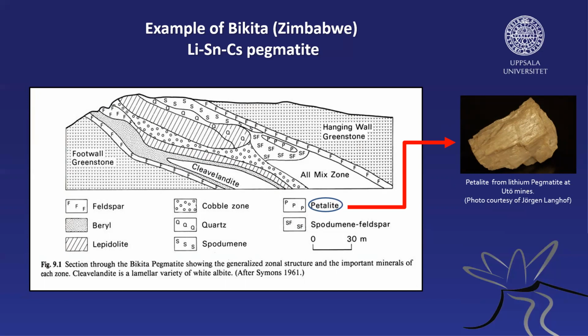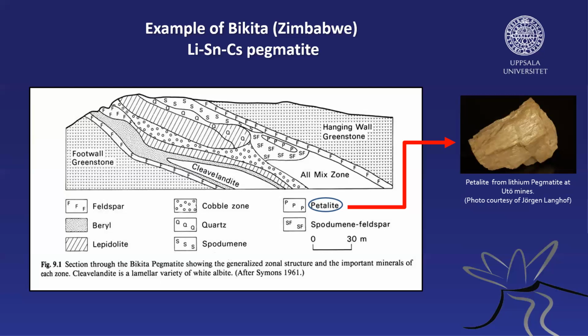We have the country rock, the host rock here and here, and sandwiched in the country rock, you have a lot of different layers and subunits, if you want, and they are characterized by a specific type of mineral or a specific association of minerals.